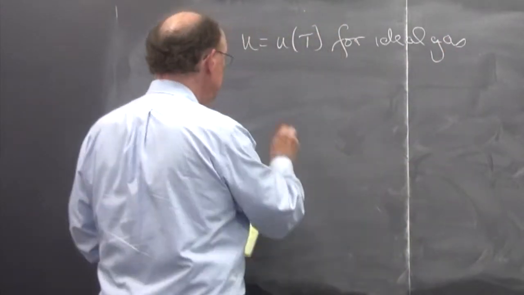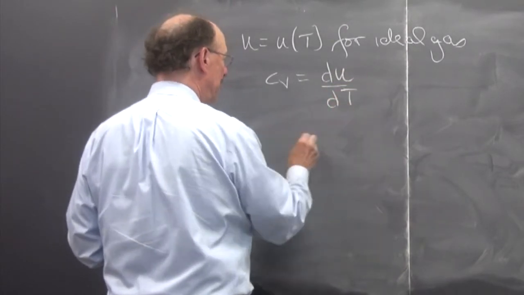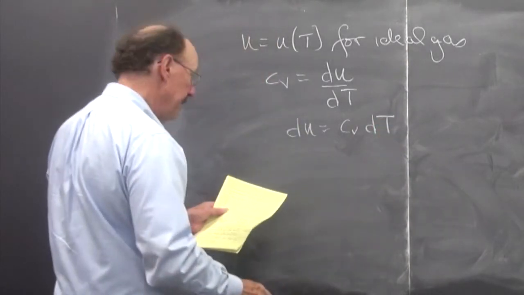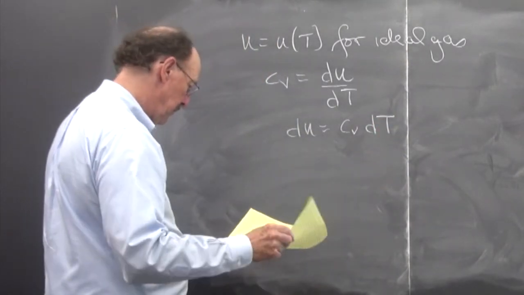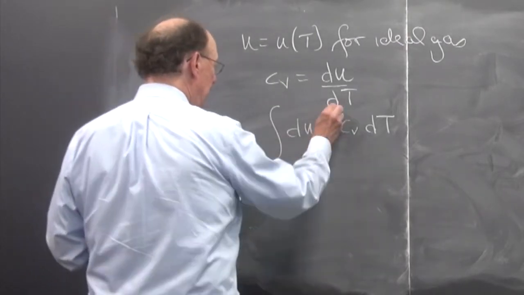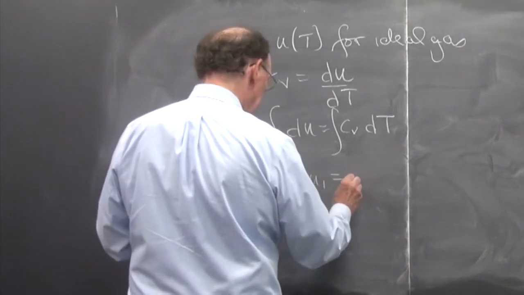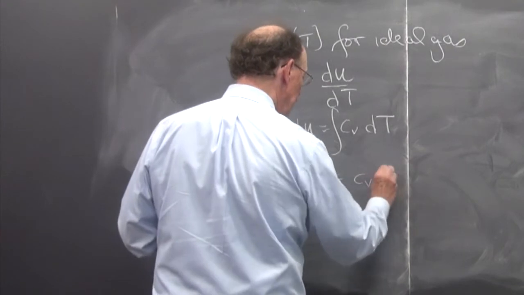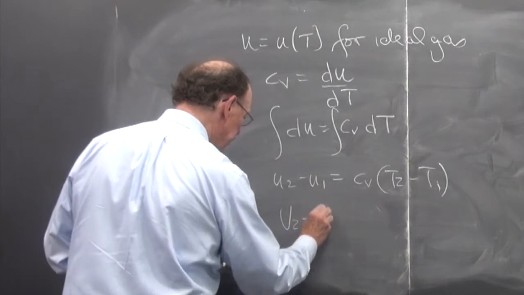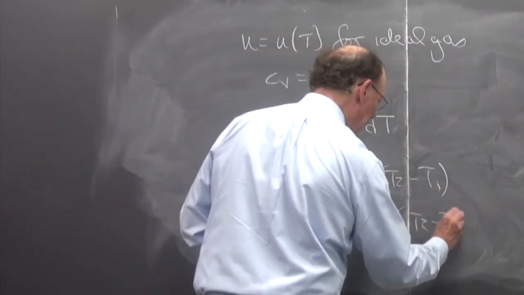And I can say that C sub v is equal to du dT, so I can write it as a total derivative, or du is equal to C sub v dT. And if I integrate this, I have U2 minus U1 is equal to C sub v times T2 minus T1. And obviously I could have large U2 minus large U1 is equal to m C sub v T2 minus T1.